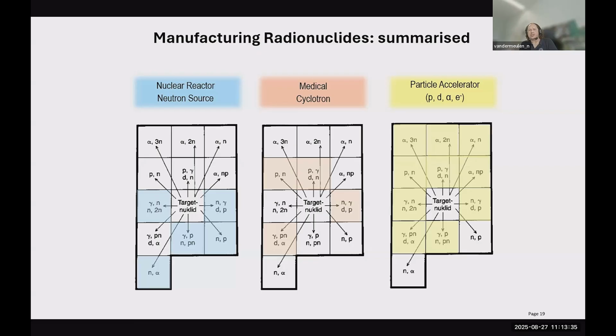And the side reactions can produce other radioisotopes or radionuclides within your target material that you need to be able to separate from what you want to get out. It becomes a problem when your side reactions produce a radioisotope that is the same element as your desired nuclide, because when it is the same element, you cannot separate it chemically.